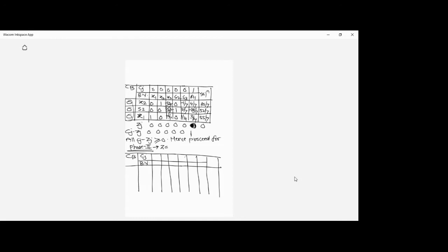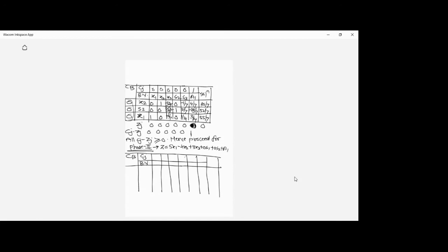So that was: z is equal to 5x1 minus 4x2 plus 3x3 plus 0s1 plus 0s2 plus a1. So this is our original objective function.